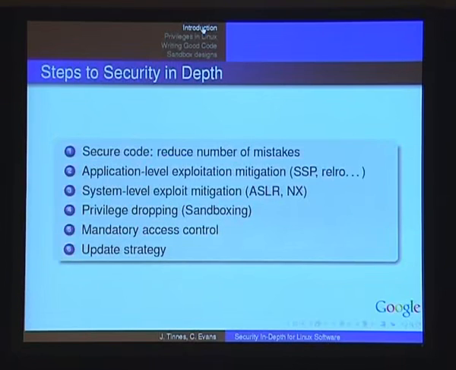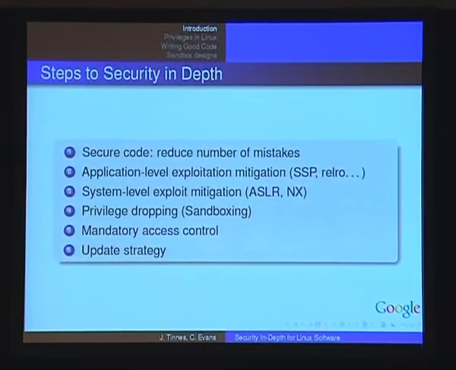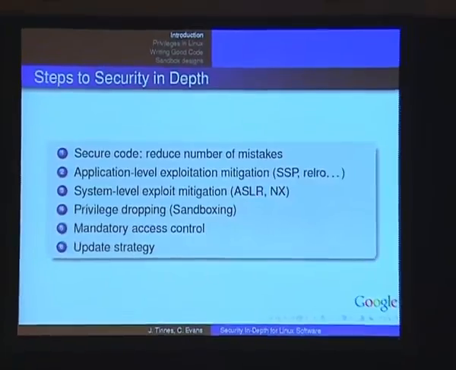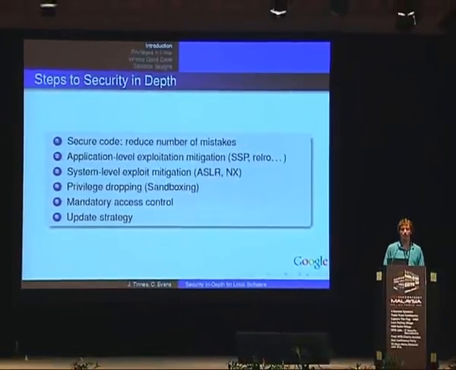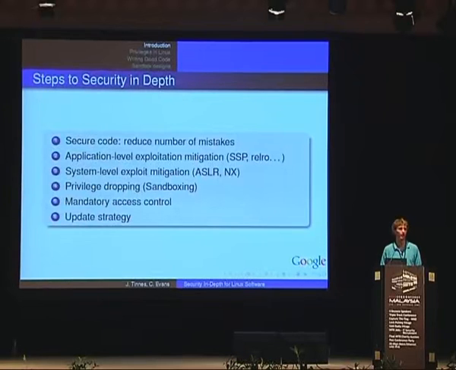So there are many steps you can take towards security in depth. The first one would be having secure code and reducing the number of mistakes you make, not having vulnerabilities in the first place. The second step is application-level exploitation mitigation. You might have heard about SSP, formerly ProPolice, which is stack canaries to prevent stack buffer overflow exploitation.